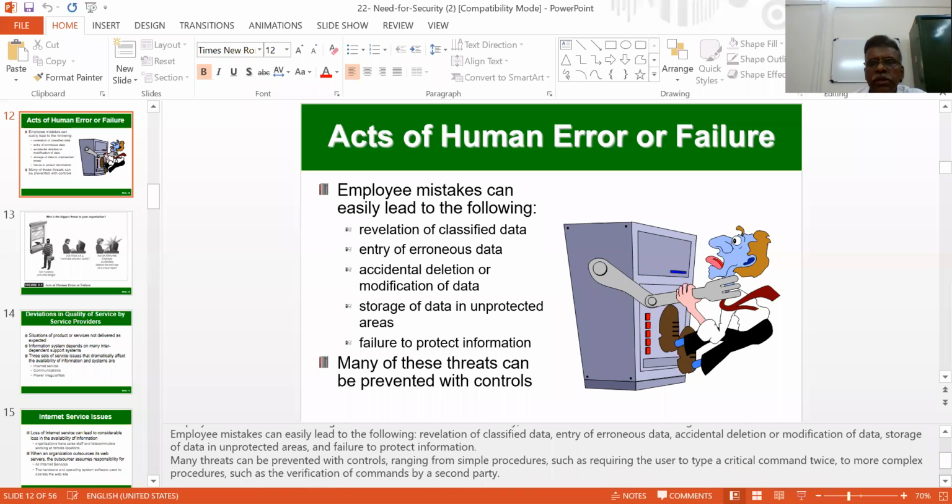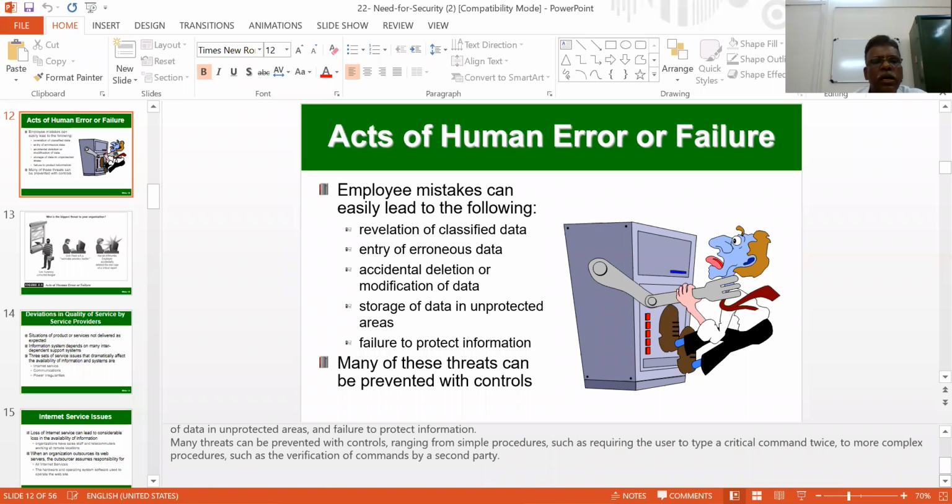The chances of failure, also chances of errors. And many more can be prevented and controlled with a simple sort of procedure.